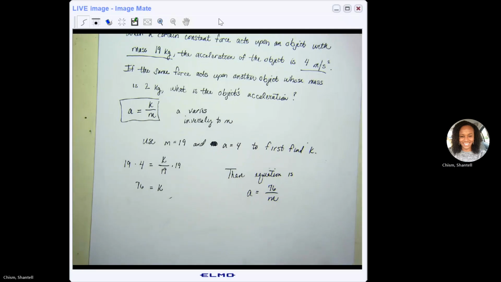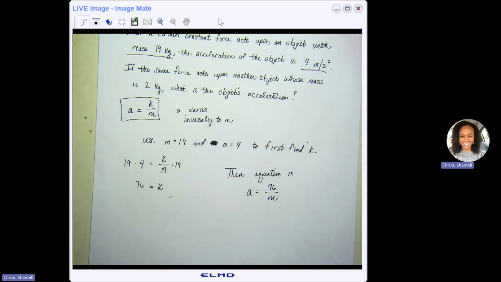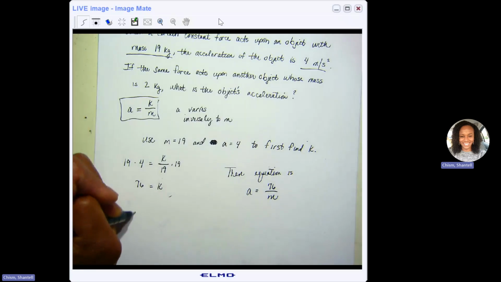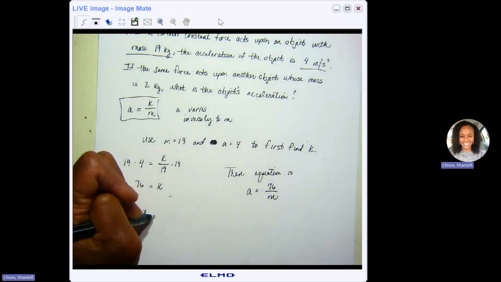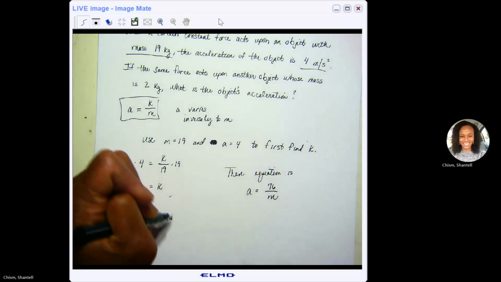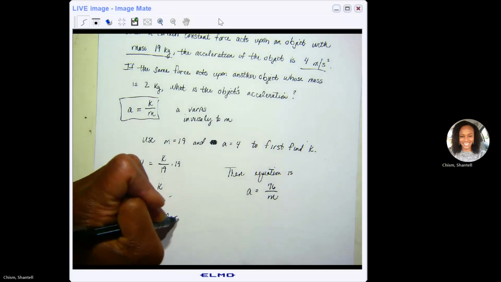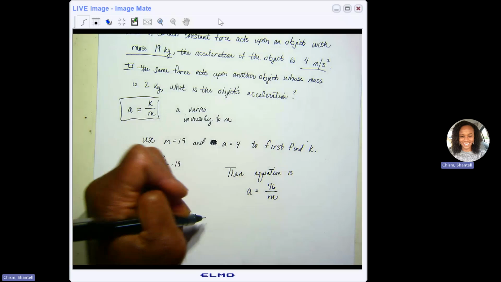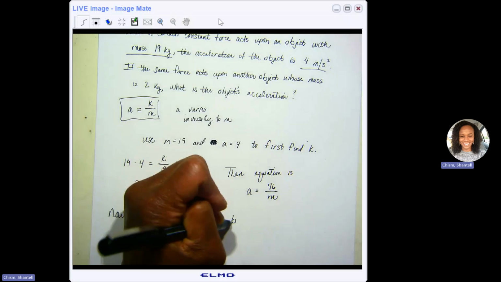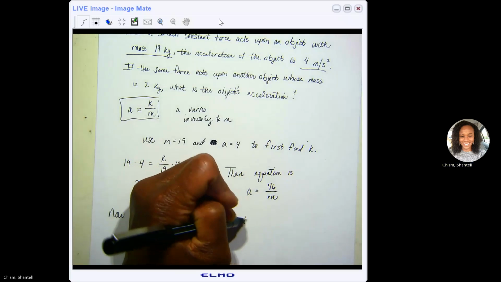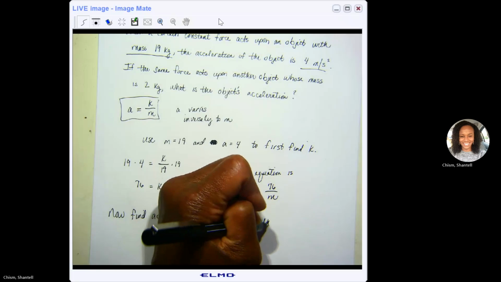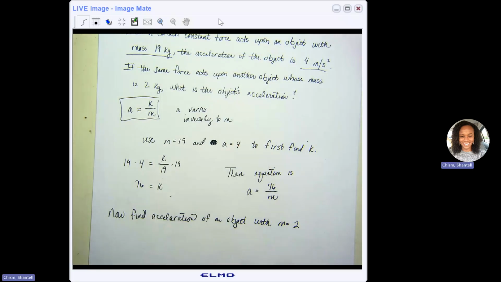Okay. Now it says if the same force acts upon another object whose mass is 2 kilograms, what is that object's acceleration? So now find the acceleration of an object with M equaling 2, with a mass of 2.